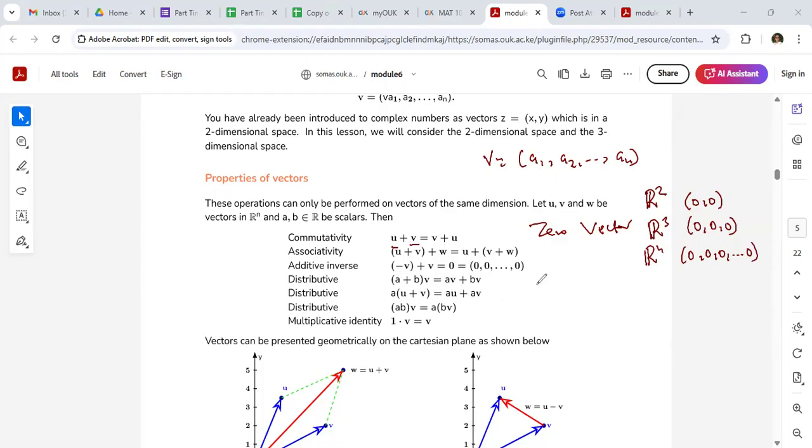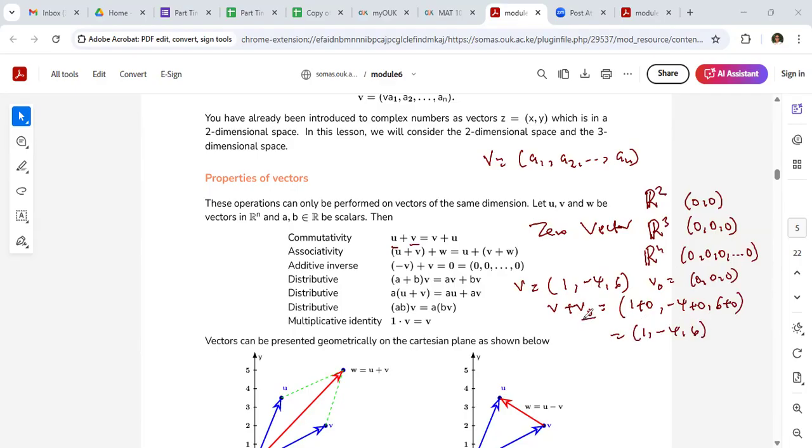You notice that if, for example, I take the vector v to be (1, -4, 6), and I take the zero vector in R3, which is (0, 0, 0), and then I find v plus the zero vector, you notice that it would be 1 plus 0, -4 plus 0, 6 plus 0, which is (1, -4, 6).